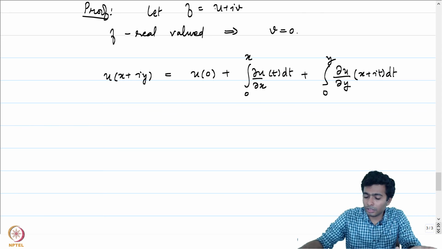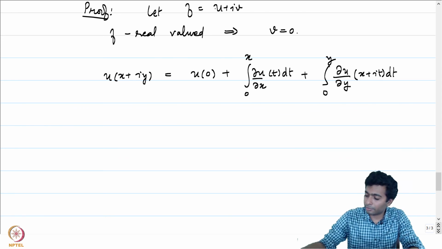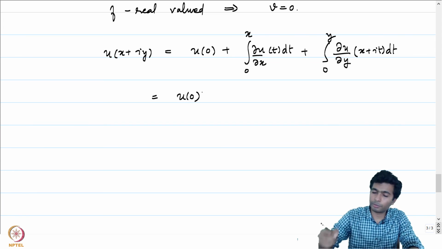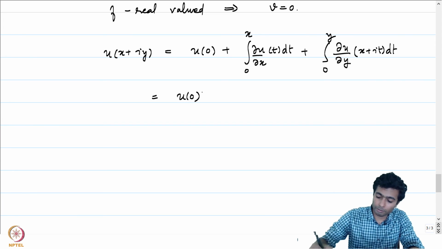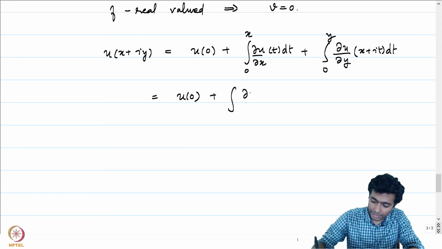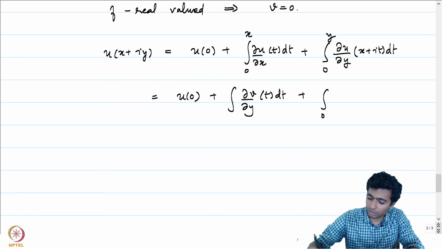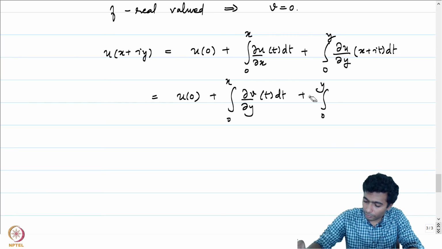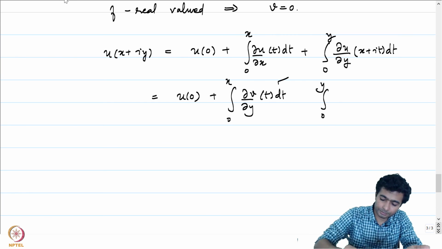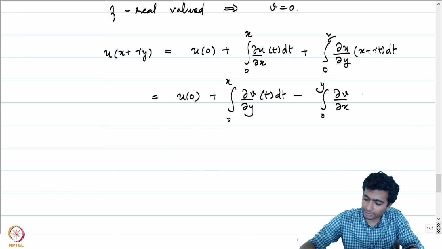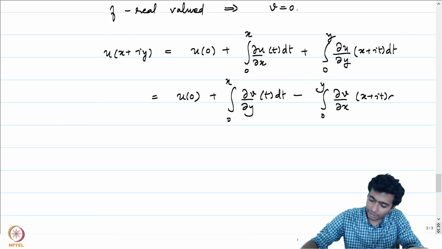Now let us invoke the Cauchy-Riemann equations like we have done earlier, and this is going to be equal to u of 0 plus the integral from 0 to x of ∂v/∂y of t dt, minus the integral from 0 to y of ∂v/∂x of x plus it dt.